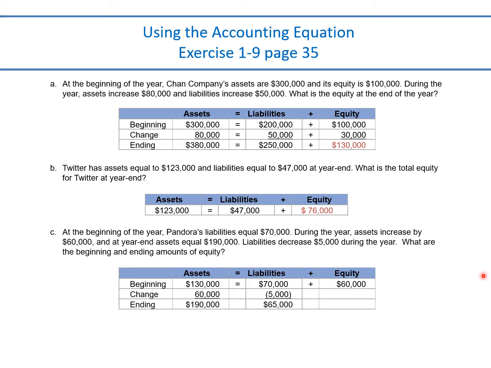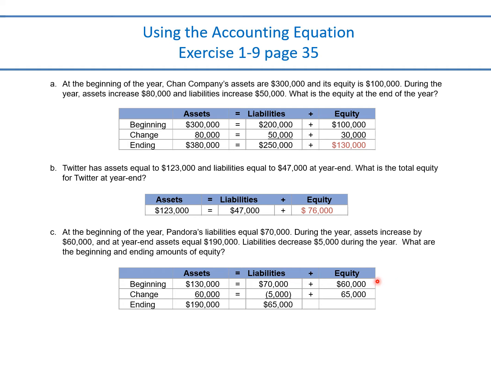So if we solve horizontally for the change in equity, during the year, assets increased by 60. During the year, liabilities decreased by 5. So what number less 5,000 is going to equal 60? That's $65,000. And then we can solve vertically or horizontally for the ending equity.